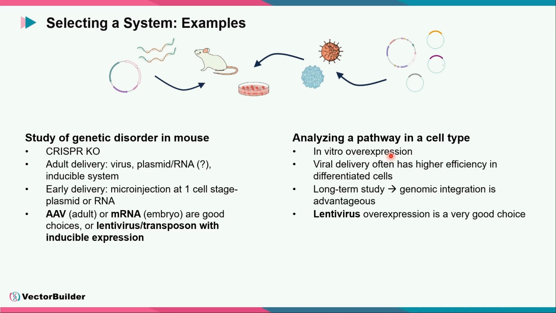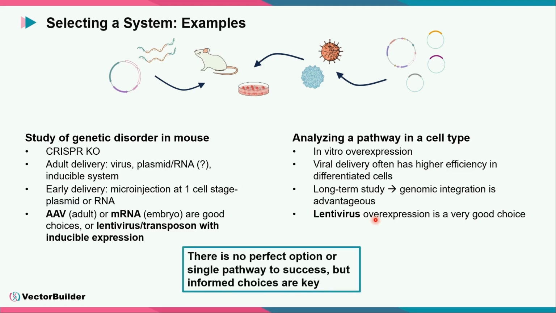Now, because we're using differentiated cells in vitro, viral delivery is going to be a really good option because it's more highly efficient. And if we want to do a longer term study, then genomic integration is going to be our friend here. So considering all of those options, we're going to use lentivirus overexpression in this example.